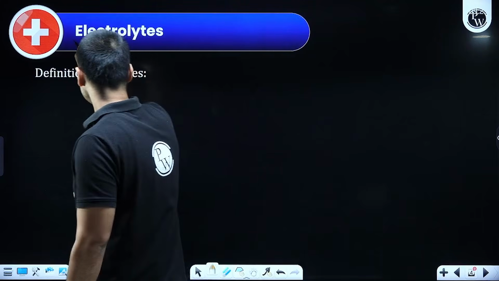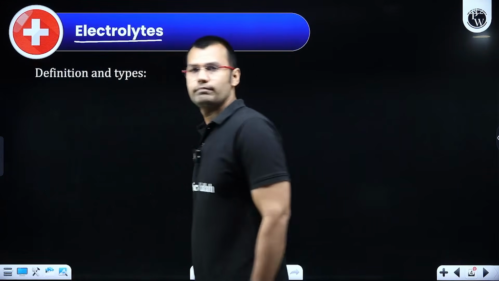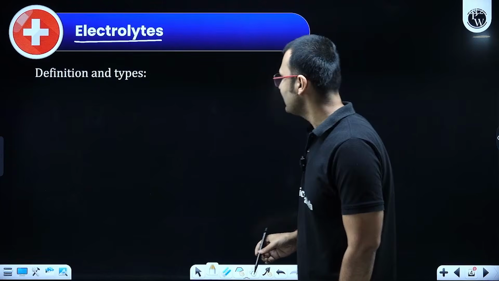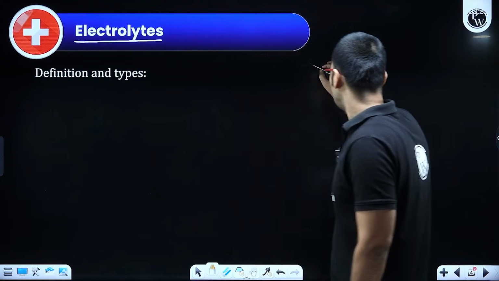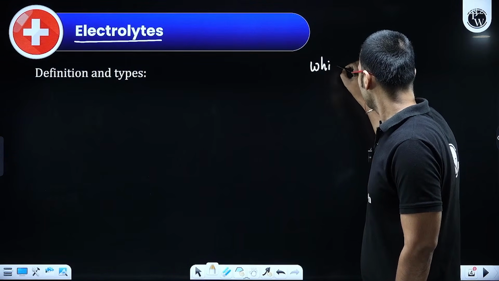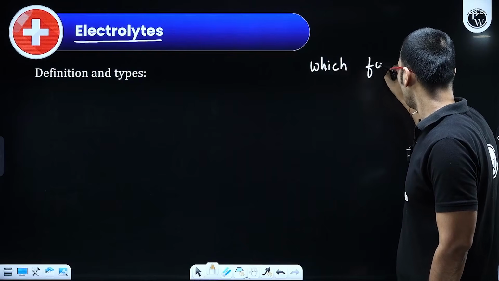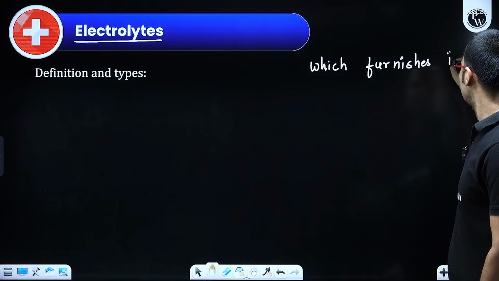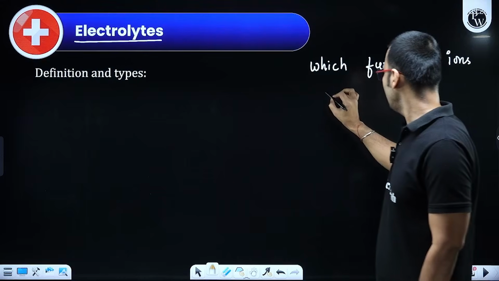Now, I hope you all know what is an electrolyte. Basically, an electrolyte is a substance which furnishes or produces ions in solution.